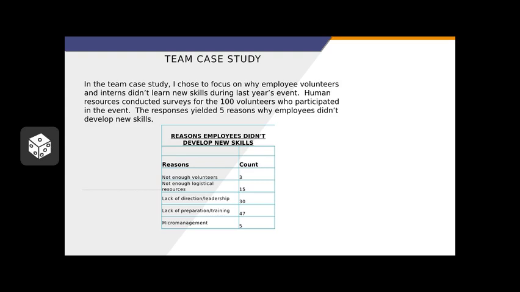Second, not enough logistical resources. Third, a lack of direction and leadership. Fourth, a lack of preparation and training. And fifth, micromanagement. As you can see off to the right, those are the numbers of surveys that fell into those 5 different categories.